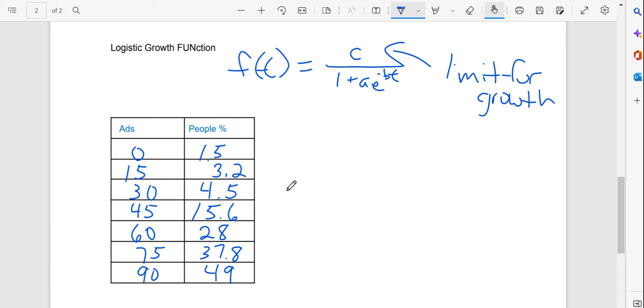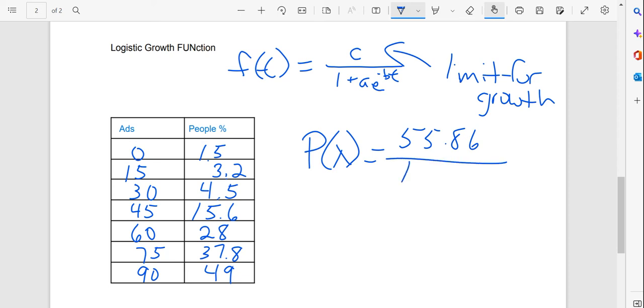Okay, so we have a table, L1, L2. So go type it in. The function you'll get is P of x is equal to 55.86 over 1 plus 50.24 e to the negative 0.064x. Okay.